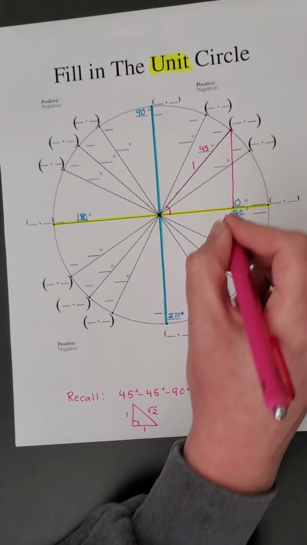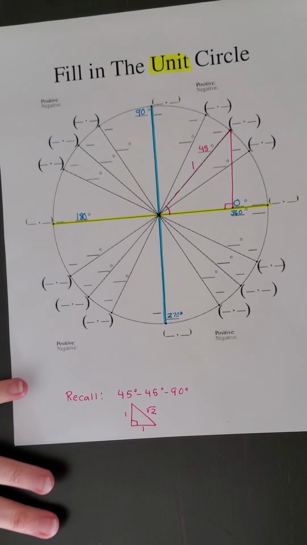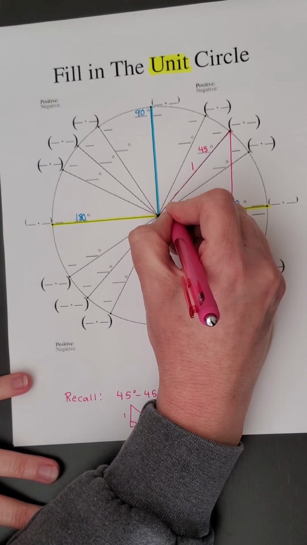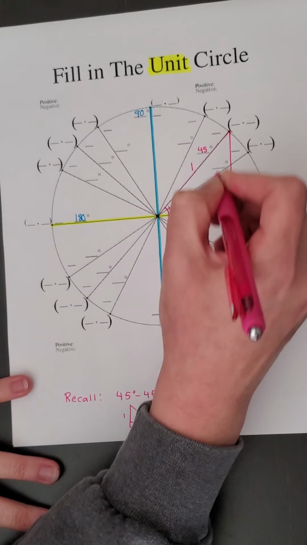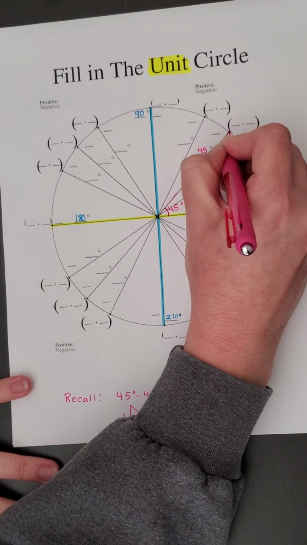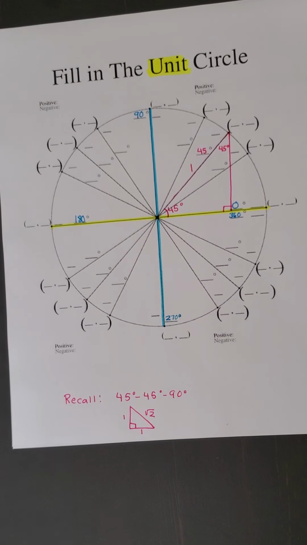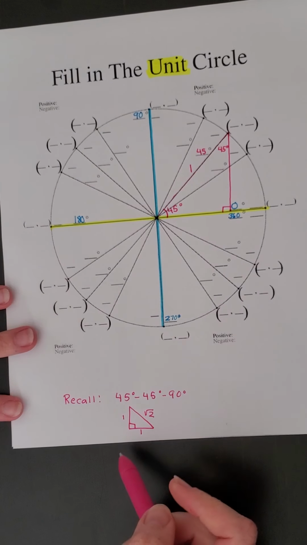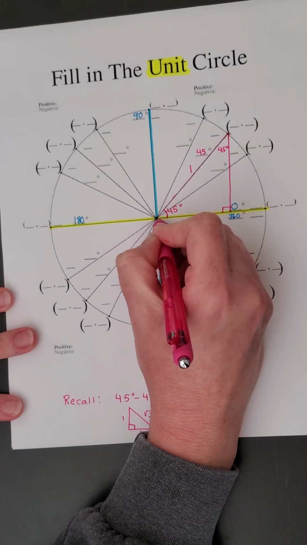And what that does is it creates a right triangle where this angle is 45 degrees, this angle is 90 degrees, which means this angle must also be 45 degrees. And I'm going to create a ratio to find this missing side length, which is our x value.